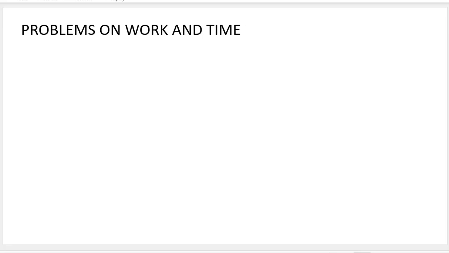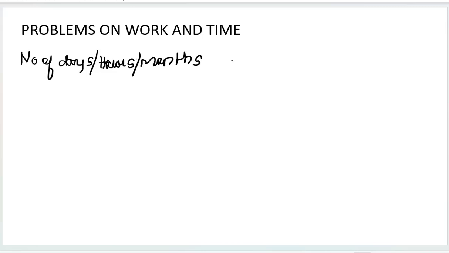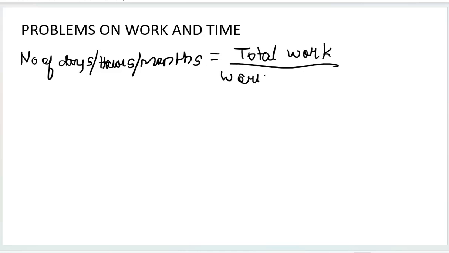Work and time. We now start with problems on work and time. We need the following formula. In work and time, the number of days or hours or months is equal to total work upon work done in 1 day, or an hour, or a month.